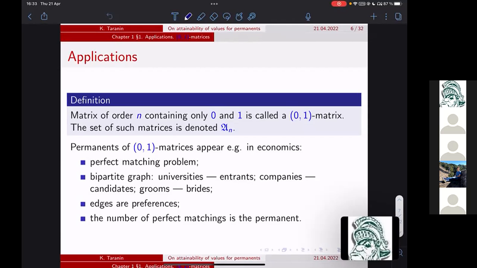So we can draw a bipartite graph. One part of the graph will be the set of vertices that correspond to the companies, and the other part of the graph will be the vertices that correspond to candidates. Say, let it be M companies and N candidates. And the edges would be the preferences. So there is an edge between a company and the candidate if and only if there is a preference.